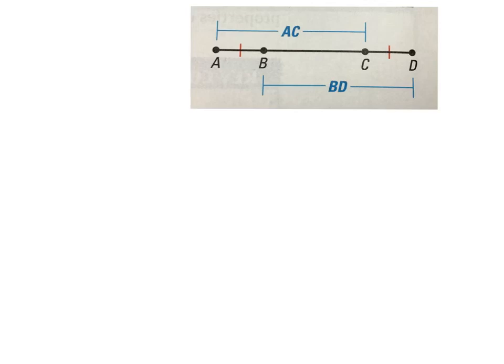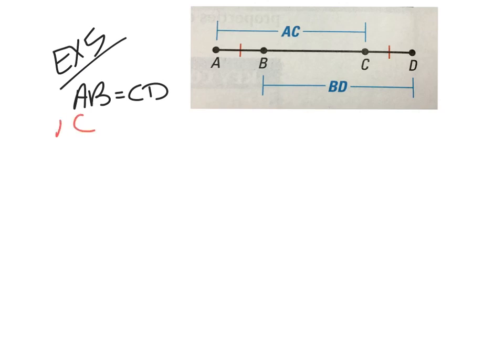Okay, so moving into example 5. Put this in your journals. So we have a diagram, and in this diagram, we know that AB equals CD. We're trying to prove that AC equals BD.